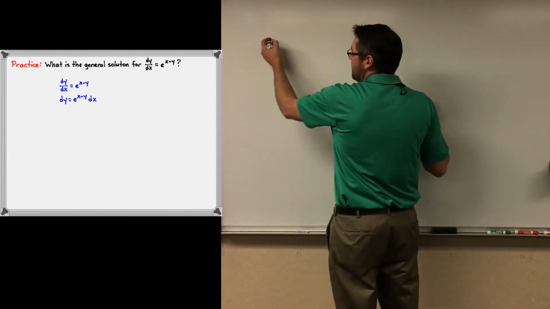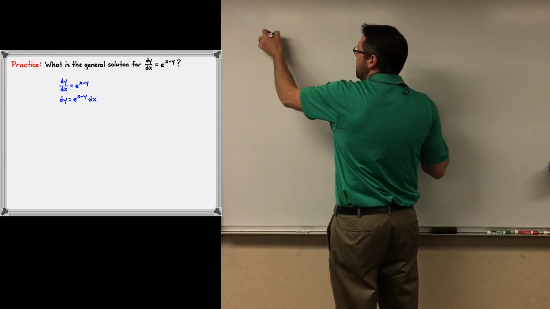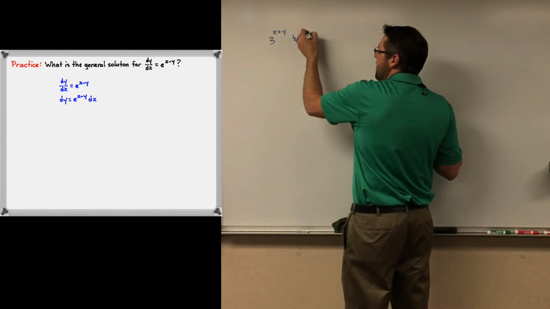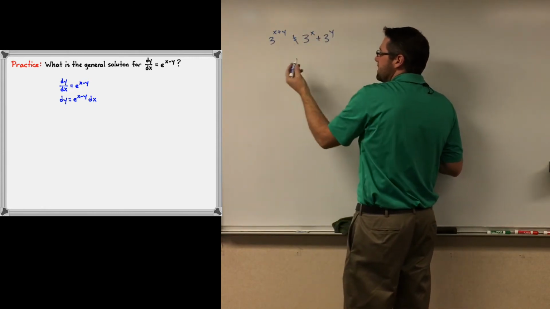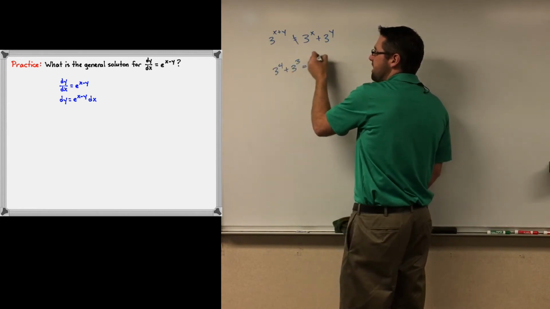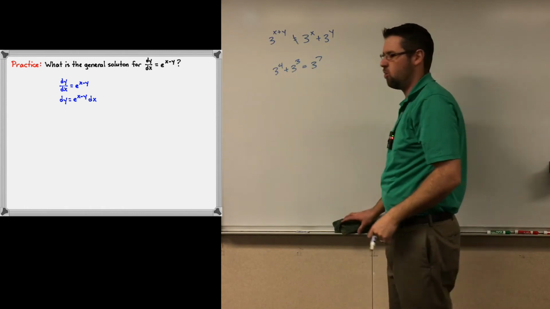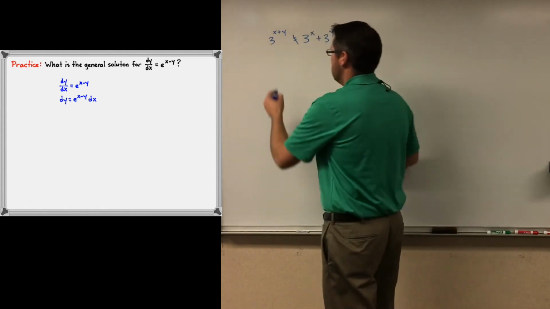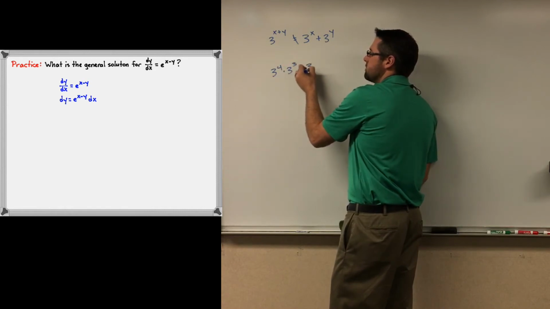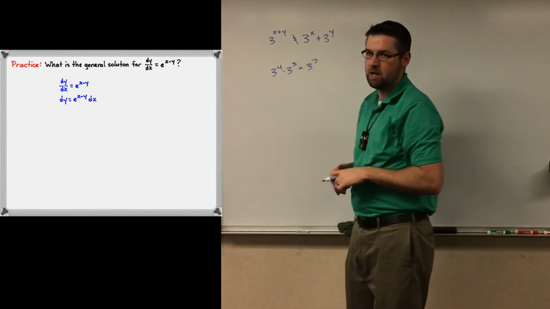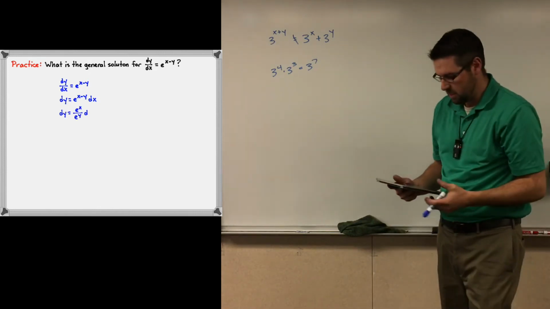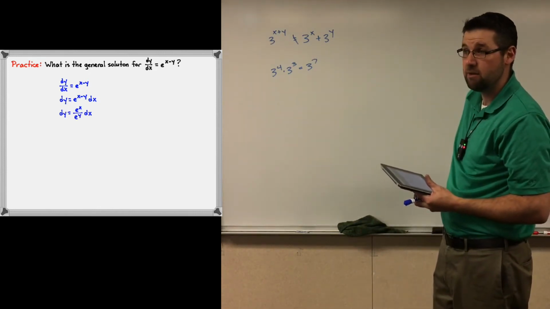Look, if I said 3 to the x plus y, that is not equal to 3 to the x plus 3 to the y. That's equivalent to saying 3 to the 4th plus 3 to the 3rd is 3 to the 7th. Is that true? No. How do you get 3 to the 7th? 3 to the 4th times 3 to the 3rd is 3 to the 7th. Right? So what did you say? E to the x times e to the y?